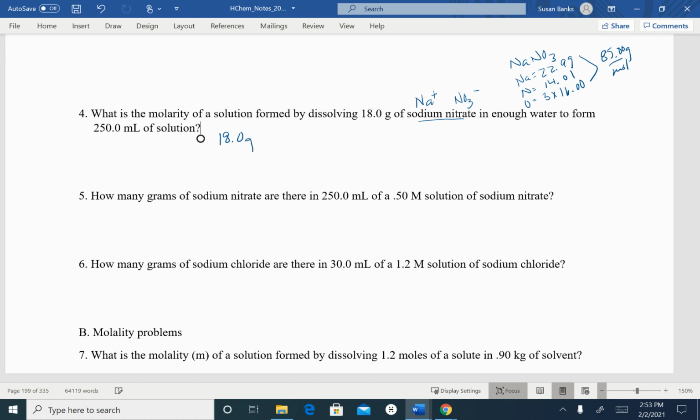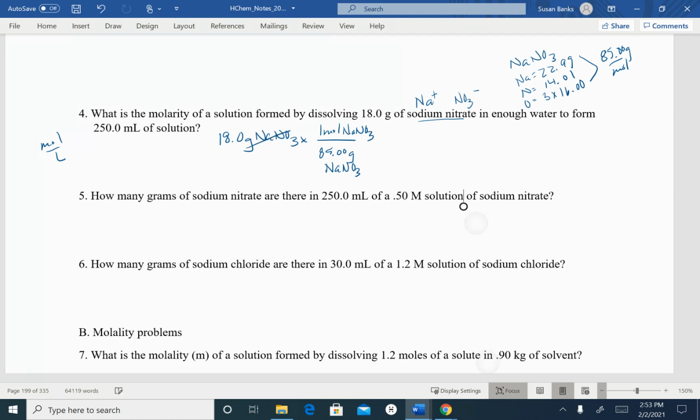We've got 18 grams of sodium nitrate, and we're trying to get moles per liter, right? So I need to get sodium nitrate into moles. We did our molar mass: 85 grams of sodium nitrate gives us 1 mole of sodium nitrate.